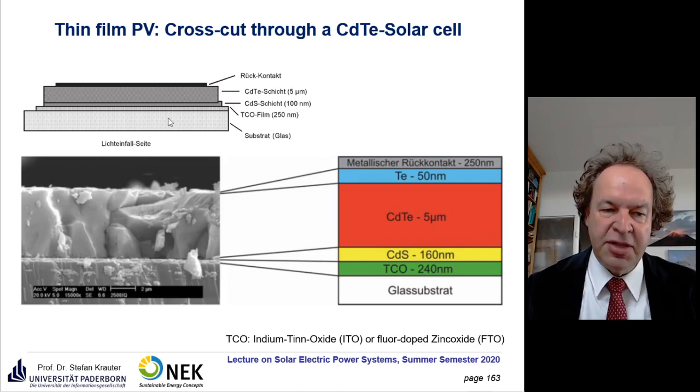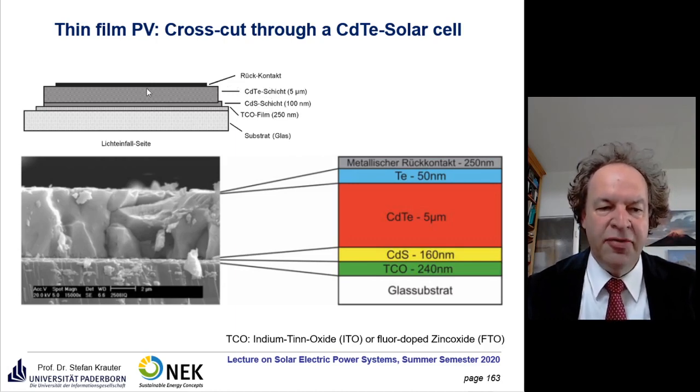So instead of a contact, you have a kind of oxide. This is usually worse than a real metallic contact because they degrade easily. They are quite thin, so they cannot carry a large current. But that's the only solution for making such an integrated module. Then you have the cadmium sulfide layer, then the cadmium telluride layer, and then the back contact.